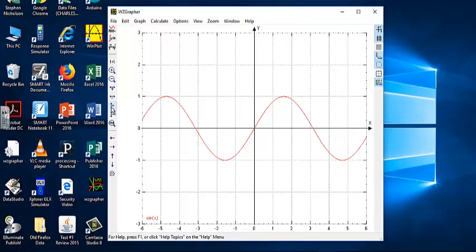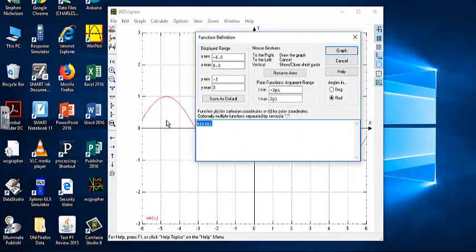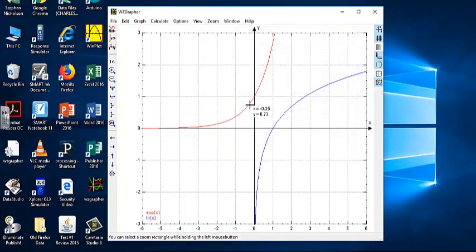So let me just, the most important one that we know is e to the x and the natural logarithm of x. So if I plot those, let's say e to the x is the function and the natural log is the inverse. You'll notice that for every value of x, there's one value of y, so it's a function.